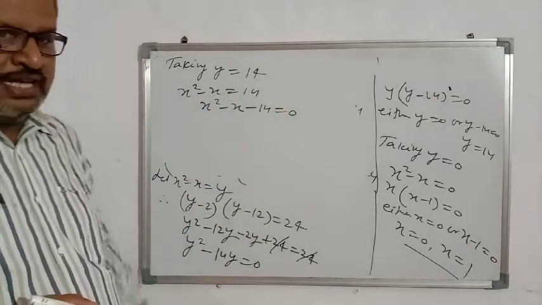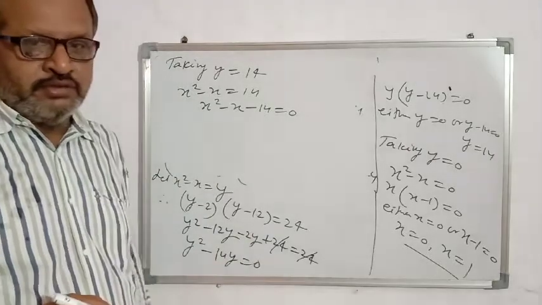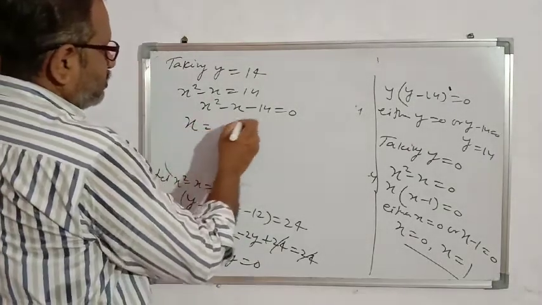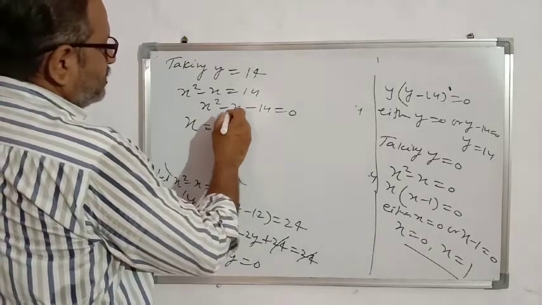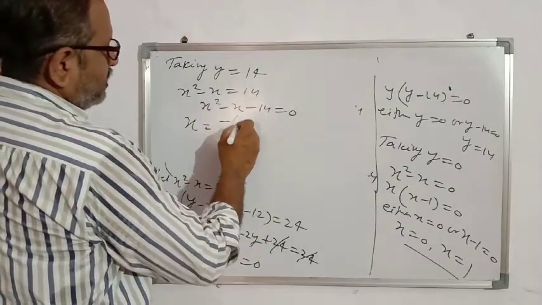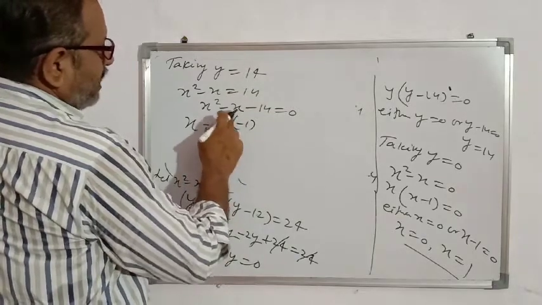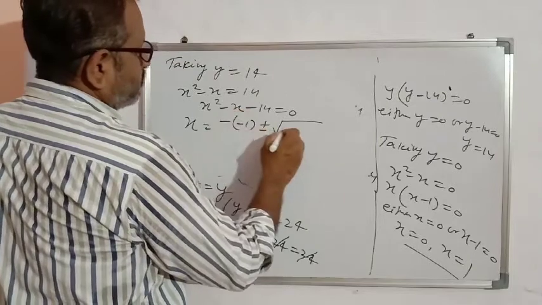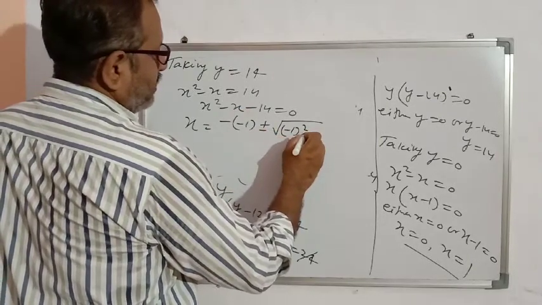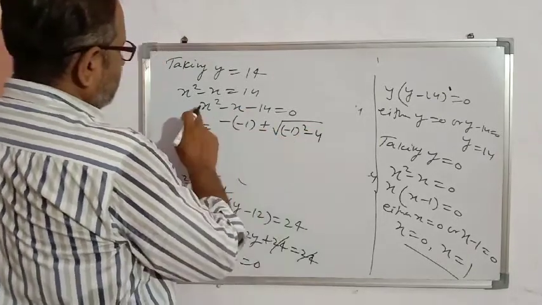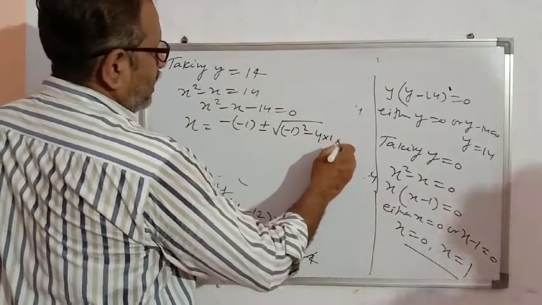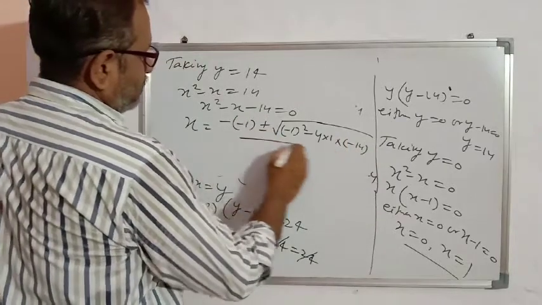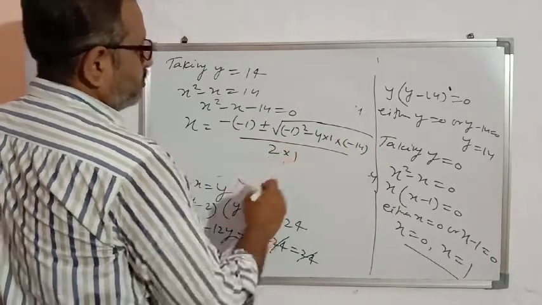We cannot factorize it, so we can use the Sridharacharya formula to find x. So x is equal to minus b, where b is the coefficient of x, so minus b is minus of minus 1, plus minus under root b square minus 4AC.